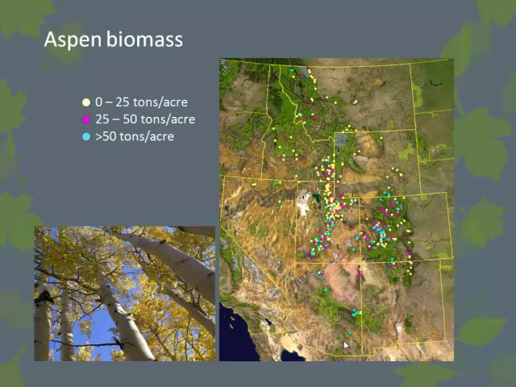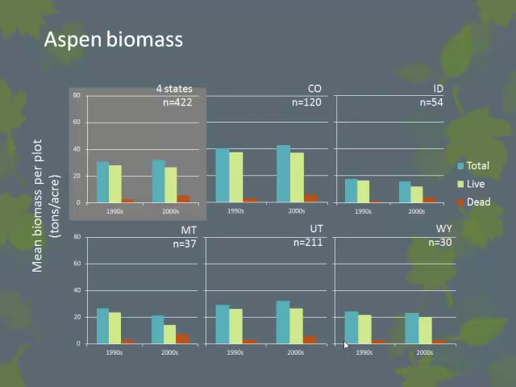Okay, and this is the distribution of aspen plots. We actually had aspen plots in each state, but not many of them except in Colorado, Utah, and scattered a little bit in Idaho and Montana. And again, kind of ignoring Wyoming for the time being, the regional trend was an increase in total biomass.